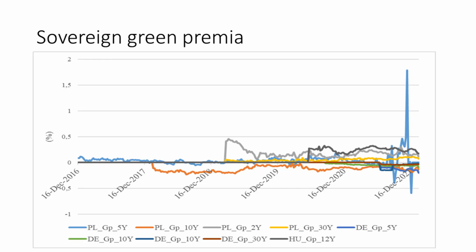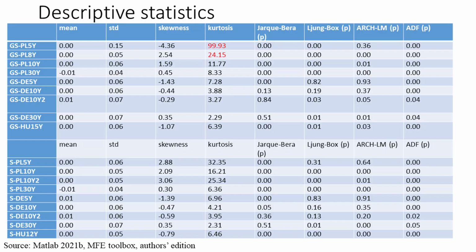We can find sometimes a positive yield premium and sometimes a negative yield premium. So this is again what we were able to see in the literature. But I don't know what is happening here, this is quite crazy. This is the Polish 5-year bond here.